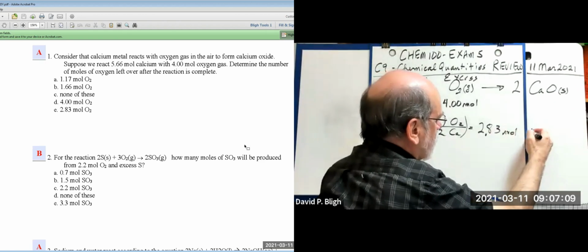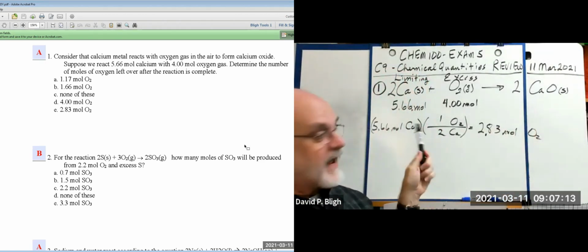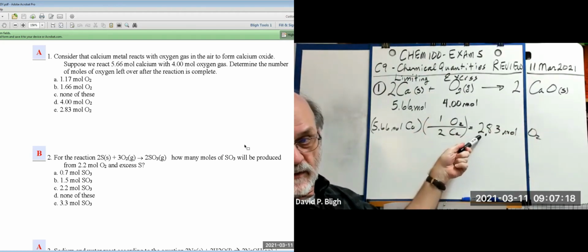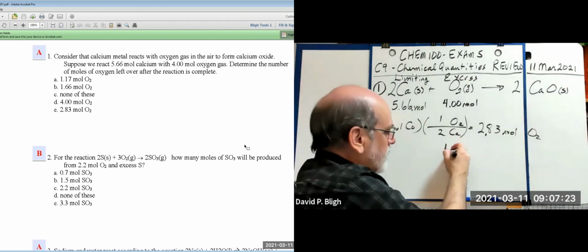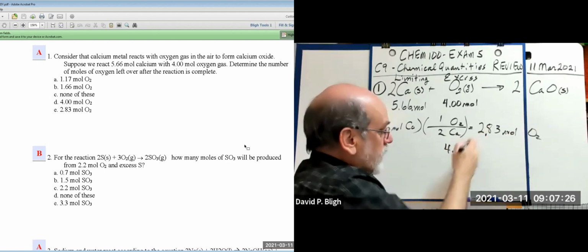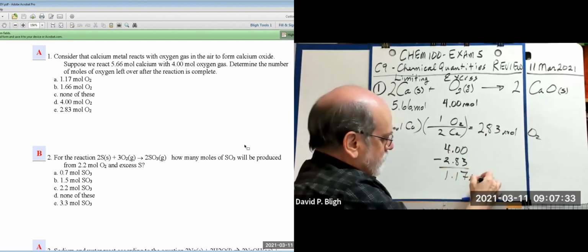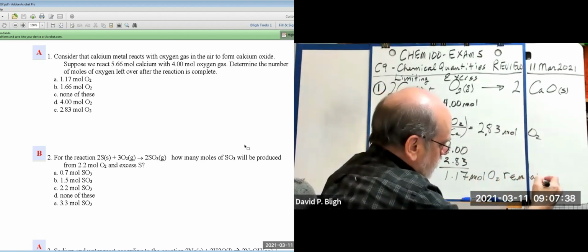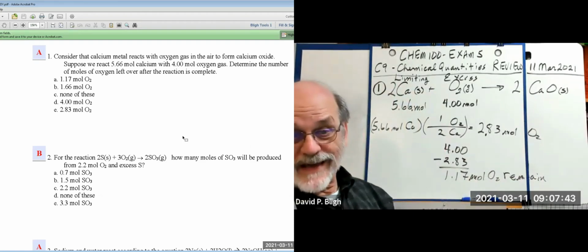That's how many moles of oxygen will be required. So yes, in fact, it is excess because we have 4 moles and we only need 2.83. So how many moles left over? You just subtract. We're going to use that many. That's how much remains. Okay, that's why the answer is A.